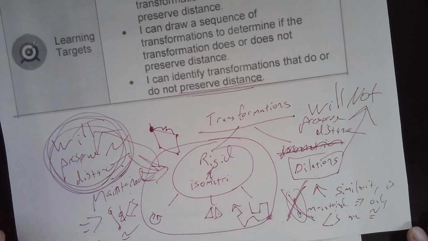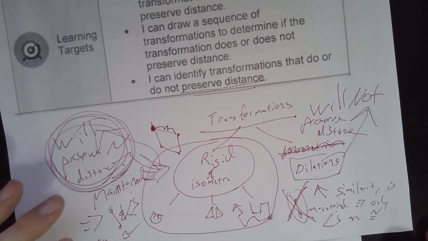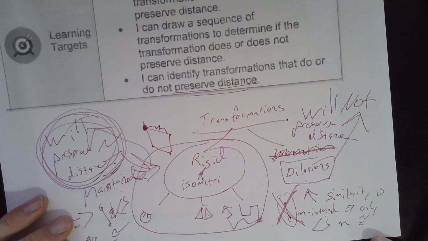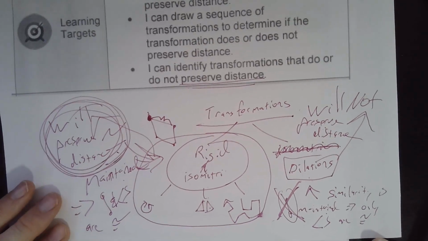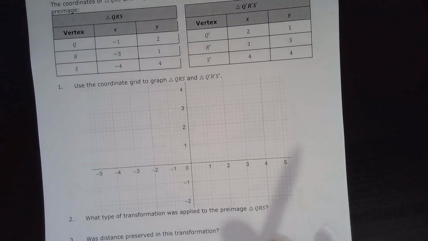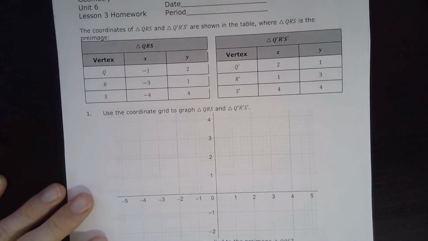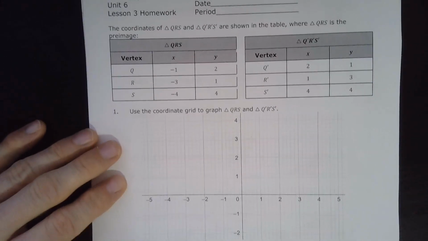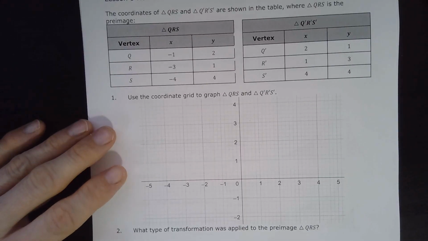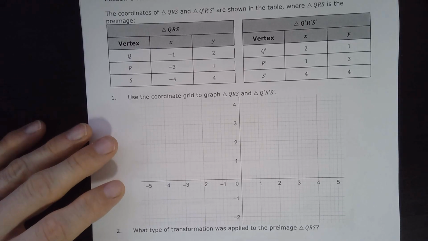So that's like the whole meat and potatoes right there, but let's show you how to kind of do the homework. Well, this is the practice work. Okay, I don't know if I can zoom in a little bit and still get you to see everything.